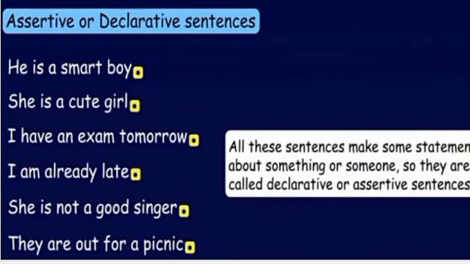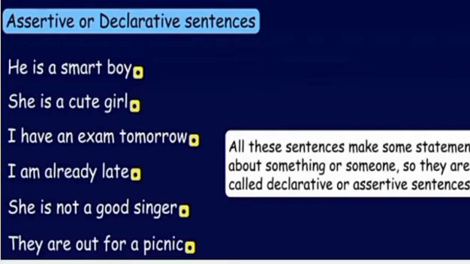All these sentences make some statement about something or someone, so they are called declarative or assertive sentences.